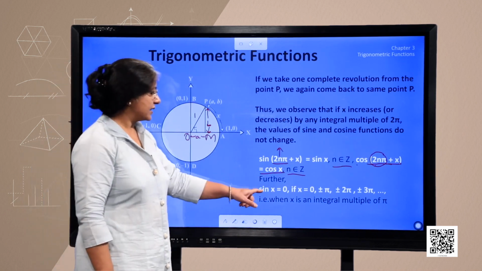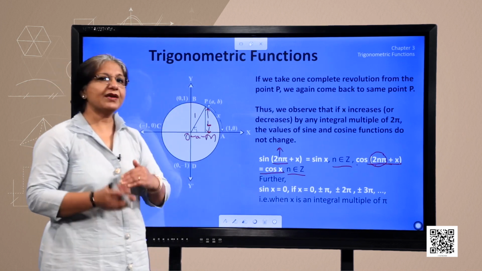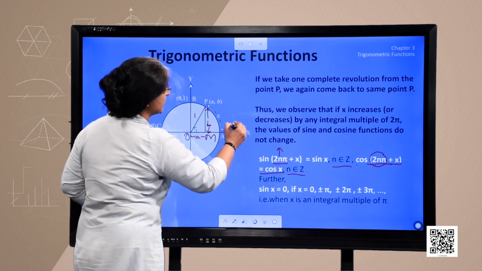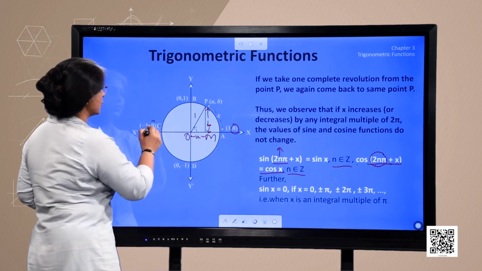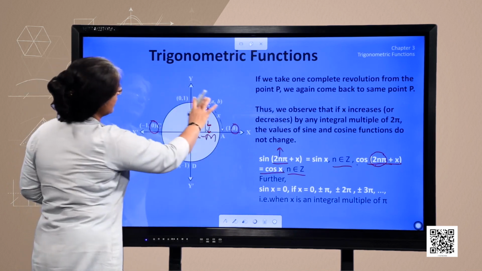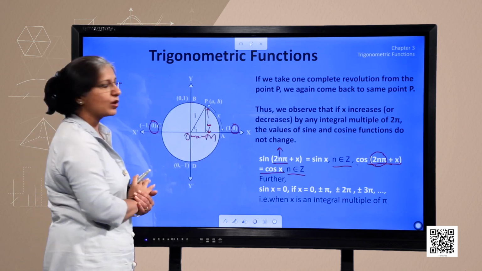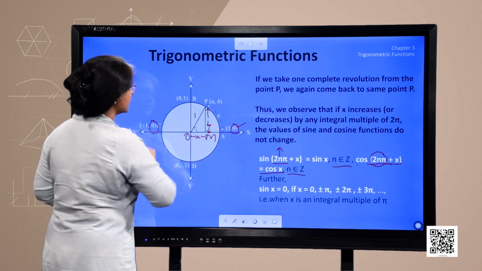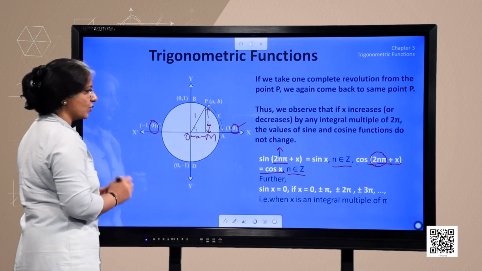Now, further, when is sin x 0? When sin x is 0, the value of the second coordinate represents sine, and here also it is sine. So, where else can we find the value of sine is 0? Nowhere else. We have seen at 0 sine is 0, at pi sine is 0.